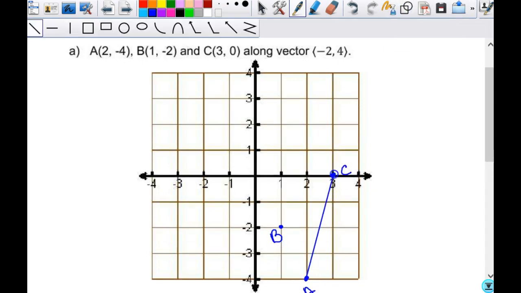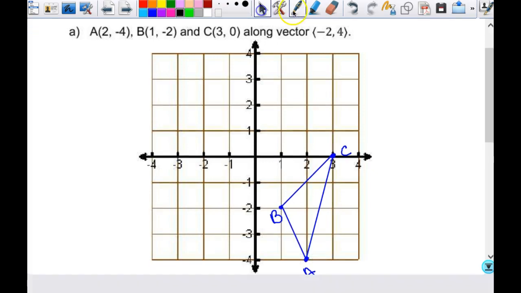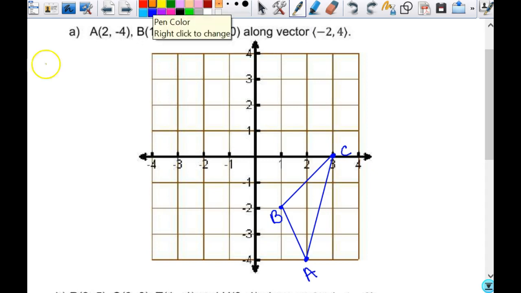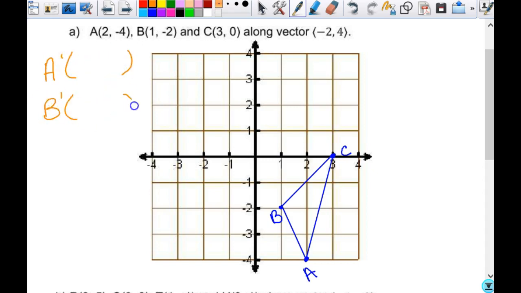And then I connect the dots. Okay. So what I'm going to need in the end is A prime, B prime, and C prime. And then I'm also going to need the mapping, which means (x, y) maps to something, whatever it may be for this one.